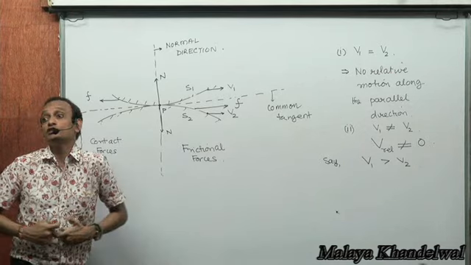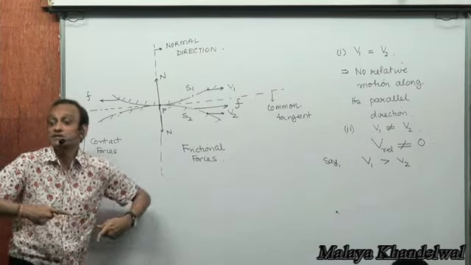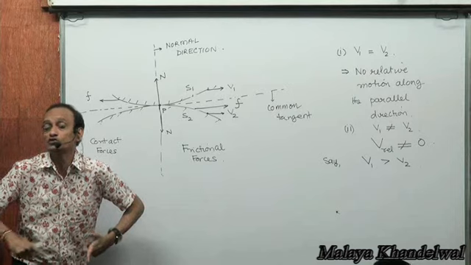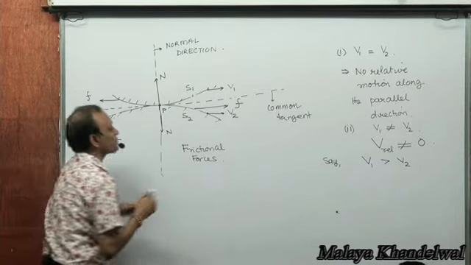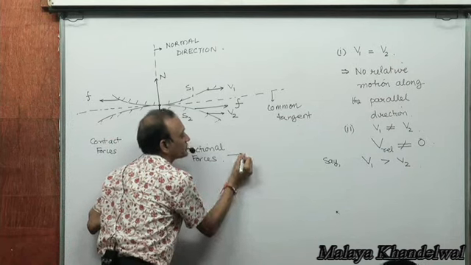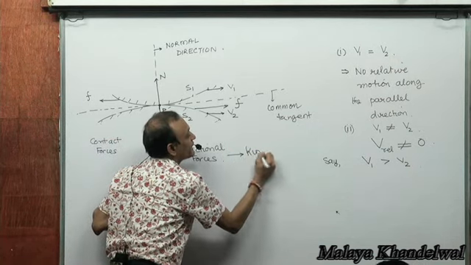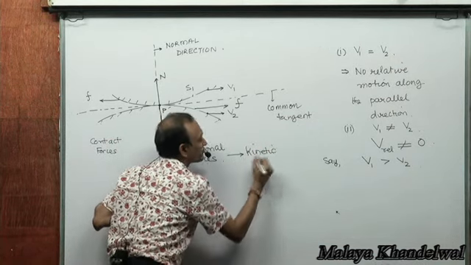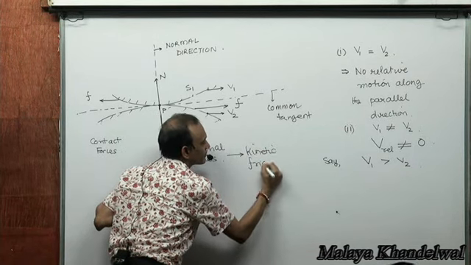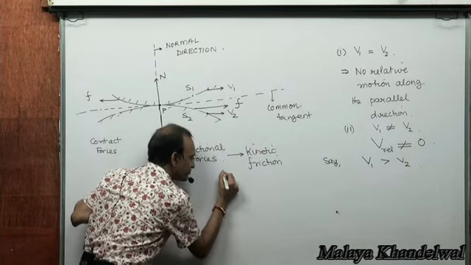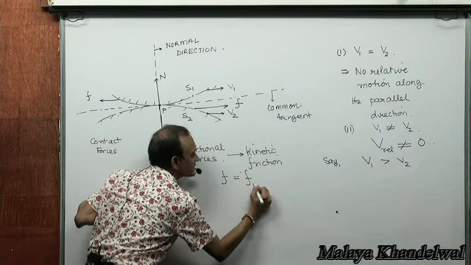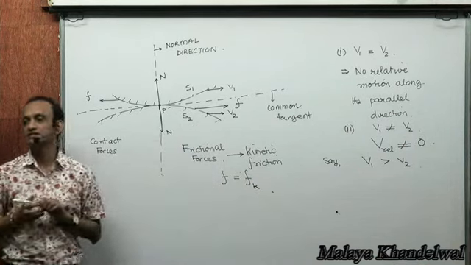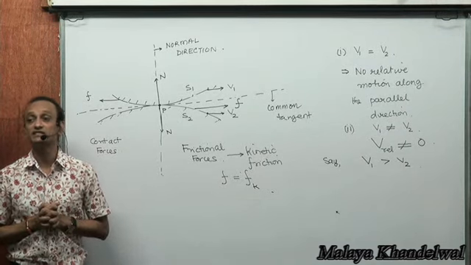The frictional forces that prevail when there is actual relative motion fall within the category of what's called kinetic friction. Then this F is written as Fk, which is kinetic friction.